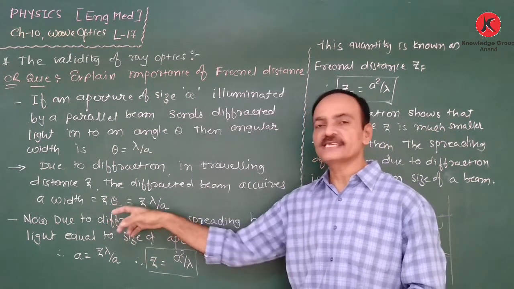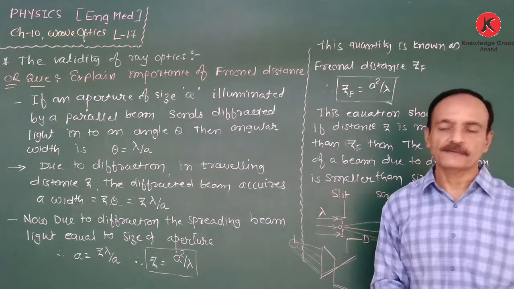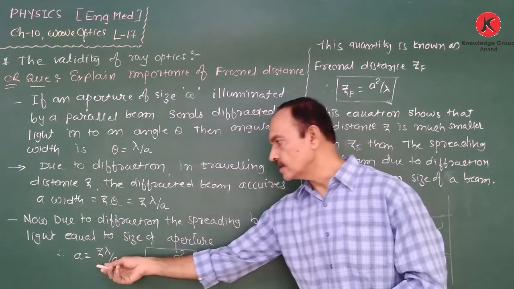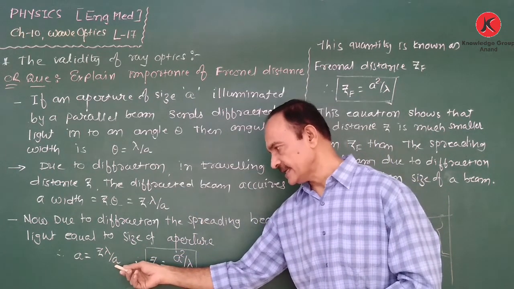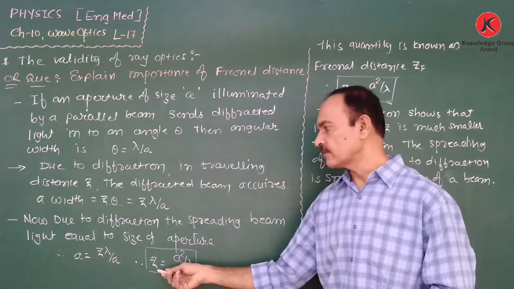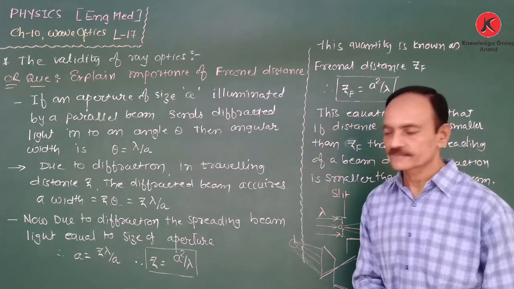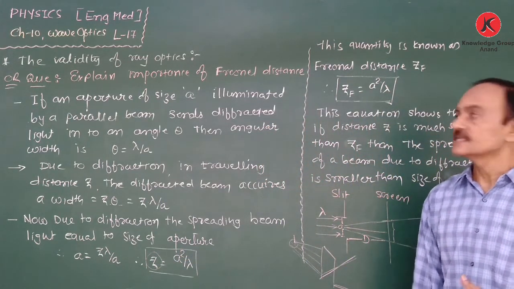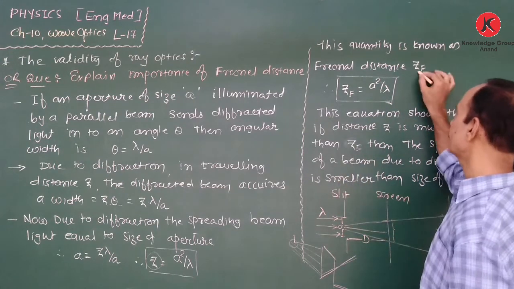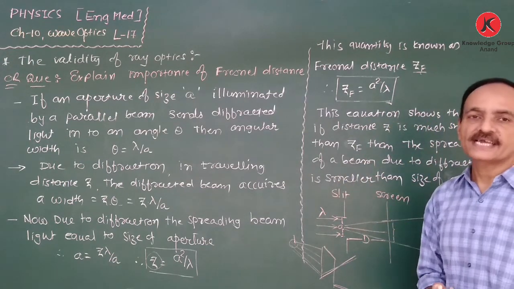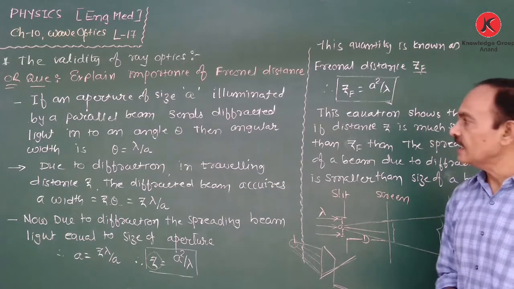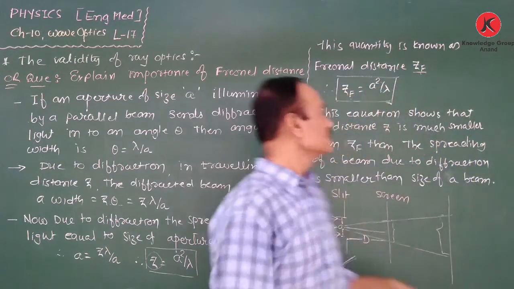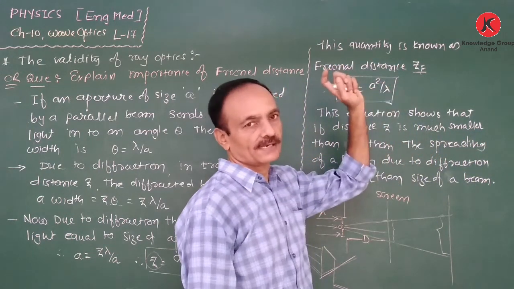That means Z theta is our aperture size. Therefore, Z lambda upon a is equal to a, so a squared is equal to Z lambda, and therefore Z is equal to a squared upon lambda. This quantity Z is known as the Fresnel distance, denoted by capital Z suffix capital F. Therefore, ZF is equal to a squared upon lambda.